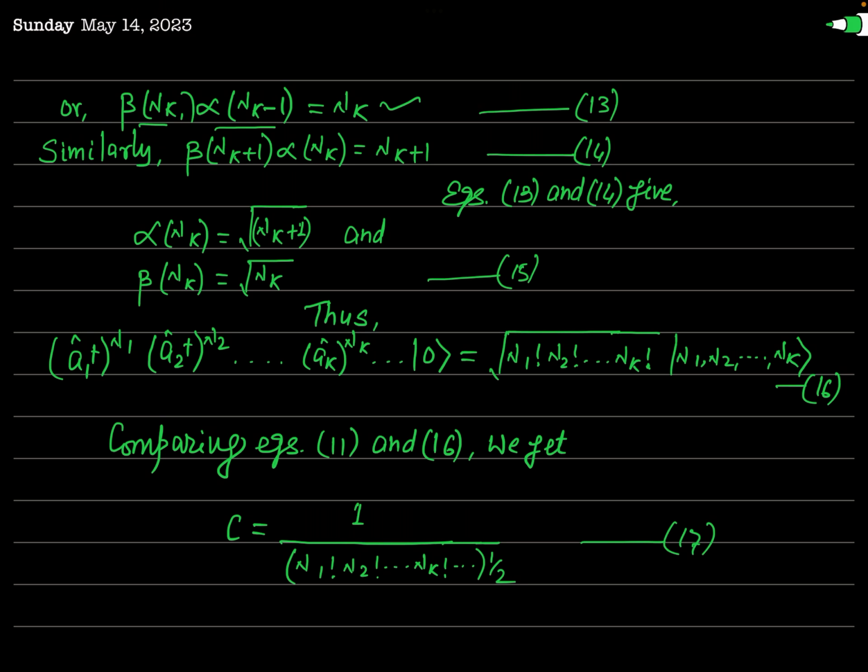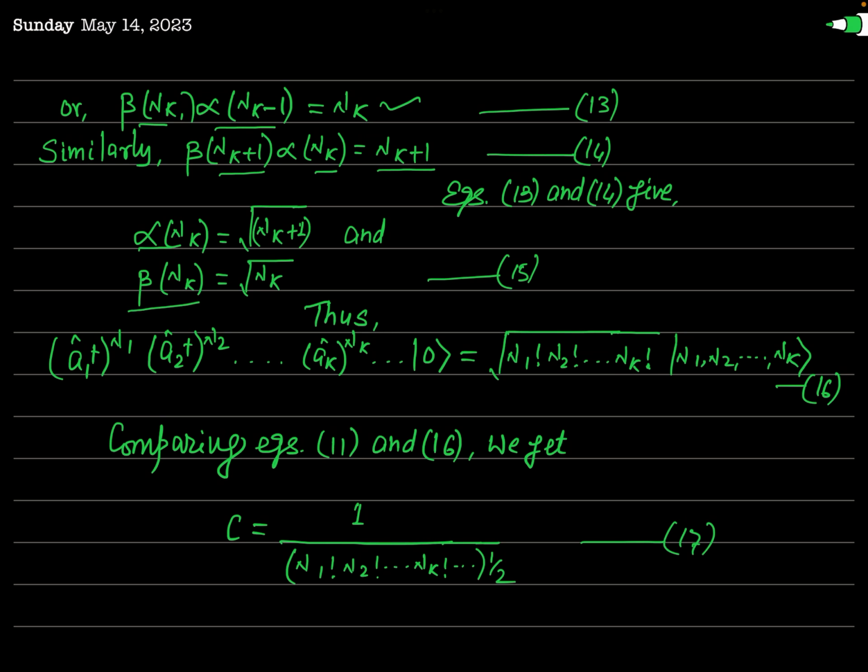Similarly, if nk is replaced by nk plus 1, then nk minus 1 will become nk, and this nk will become nk plus 1. Now from these two equations we can easily find the values of alpha of nk and beta of nk.